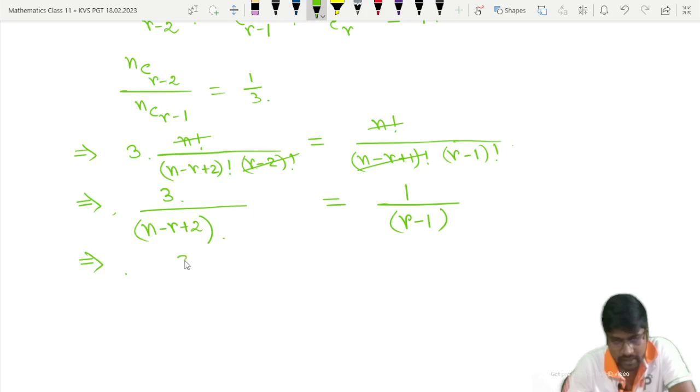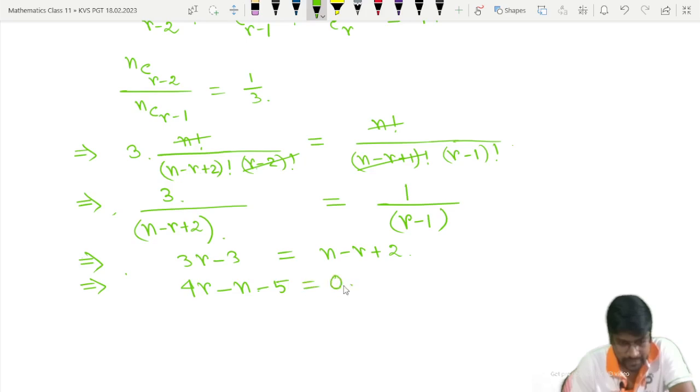So this is giving us 3r minus 3 is equal to n minus r plus 2. Again 3r plus r means 4r minus n minus 5 is equal to 0. So this is an equation involving r and n.